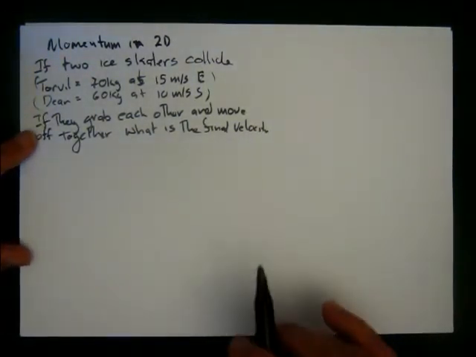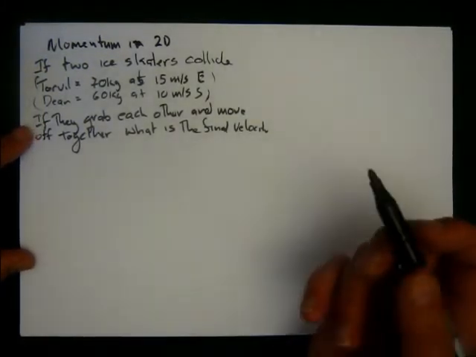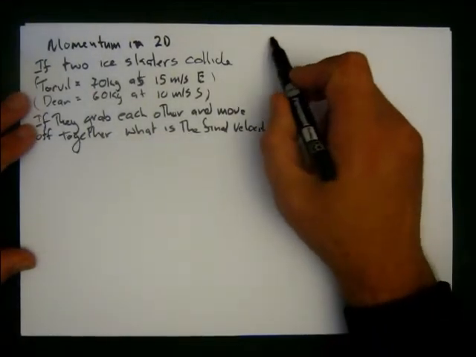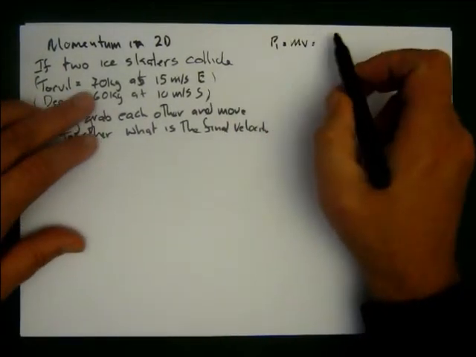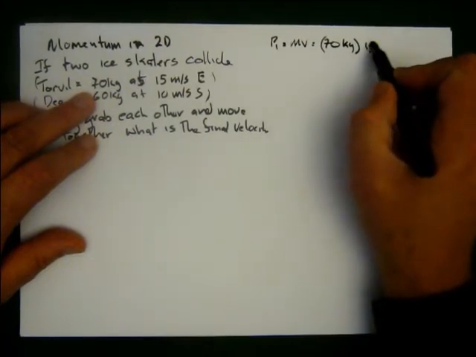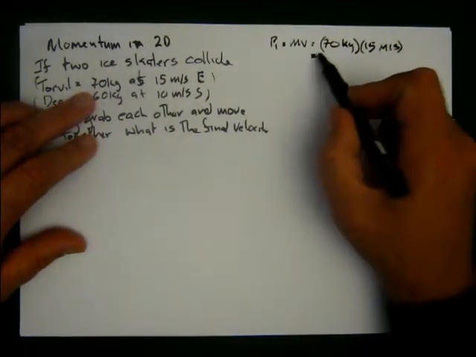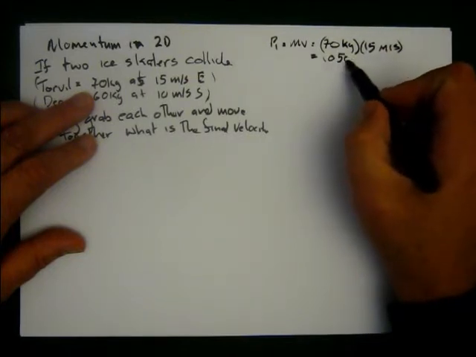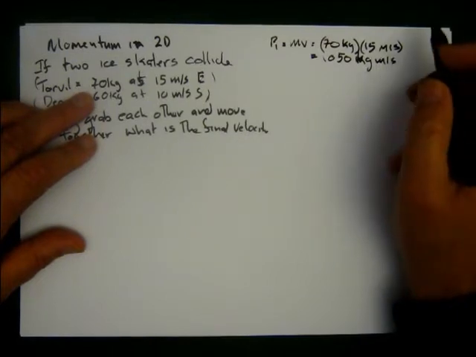When you're dealing with momentum in 2D though, you have to add momentum together. So let's start with Torvill. Torvill, P initial, equals mass times velocity, so it's equal to 70 kg times 15 meters per second equals 1050 kg meters per second east.